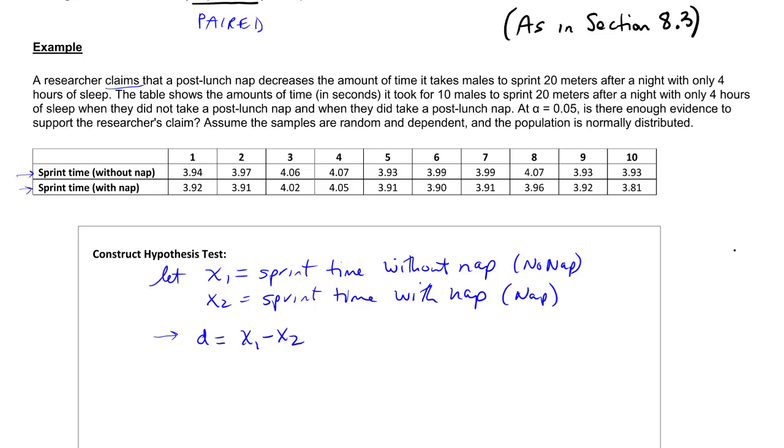So without a nap should be longer than with a nap, meaning that we have a bigger minus a smaller number. And so this researcher seems to claim that the mu d is greater than 0, meaning the times decrease with a nap. Okay, so that would be the better improvement in this case.